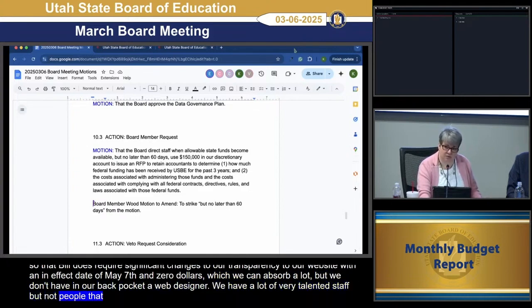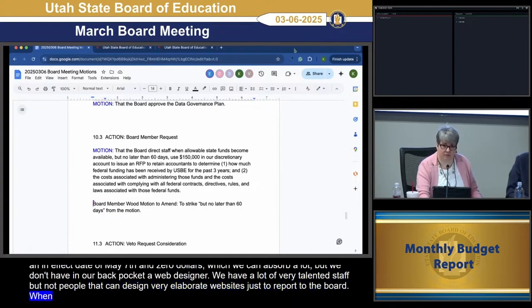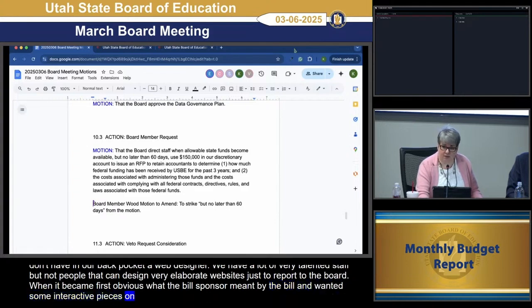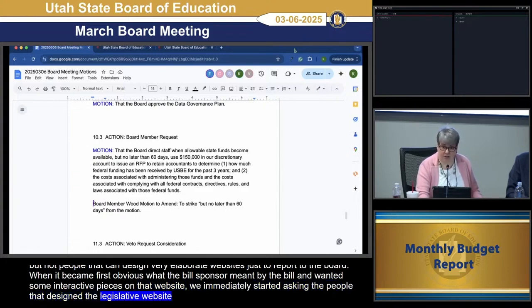Just to report to the board, when it first became obvious what the bill sponsor meant by the bill, and wanted some interactive pieces on that website, we immediately started asking the people that designed the legislative website for some background and for some information about how much it would cost and what it would entail.